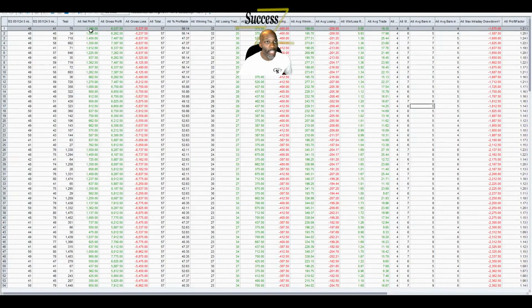Sometimes you can see, like if the majority of your net profits are all at the very top, if all of these numbers are at the top of the optimized range that you did, then most likely you didn't go high enough on your range. But all these are kind of scattered throughout, so I'm thinking that the range is okay.